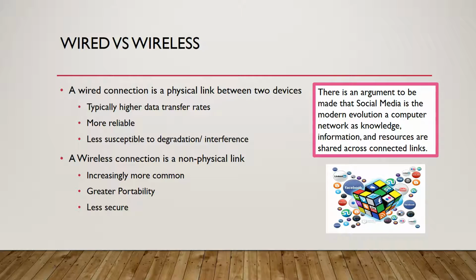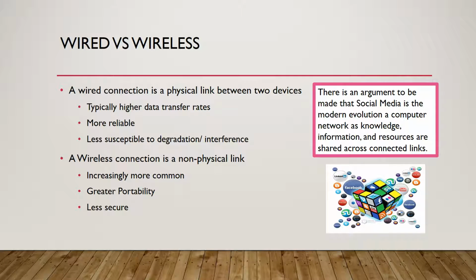But a copper cable can transfer at about 100 megabits per second over Ethernet, or a gigabit over Ethernet as it is now, and you've got a comparable data transfer rate with AC, so 802.11ac wireless, which is another wireless protocol, which basically means that it can transfer data at a high rate. So wireless is catching up in terms of data transfer rates. However, AC is not widely established. N is the most common, which is about 56 megabits per second.